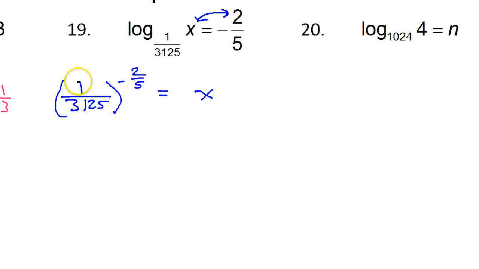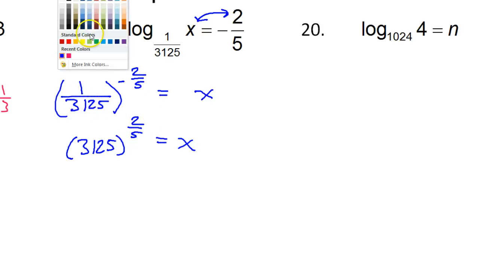Now remember, if you have a fraction with a negative power, the easiest thing to do is do the reciprocal and make it positive, remember? So this would be the same thing as having 3,125 to the 2/5 power, because this is the reciprocal of this. Now remember this.